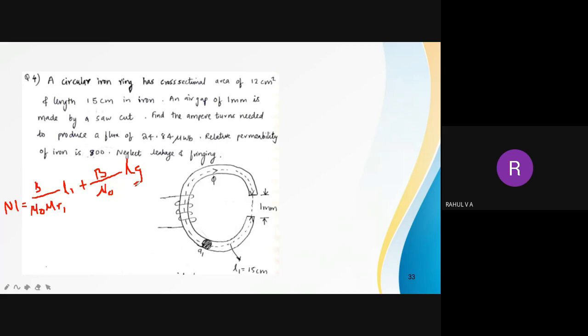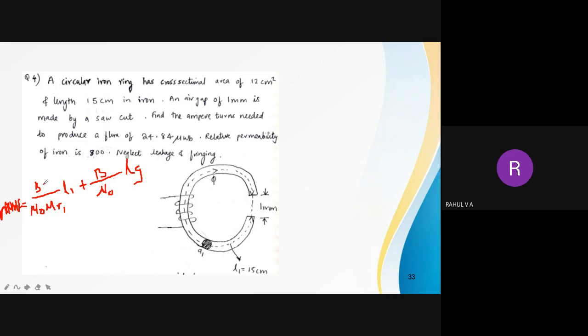Then we will check whether we have all these terms. So instead of Ni, I am writing MMF. So MMF is equal to B divided by mu 0 mu r1 L1 plus B divided by mu 0 Lg. So that is the formula. We will check whether we have all these values.